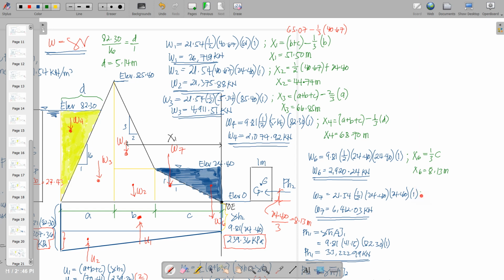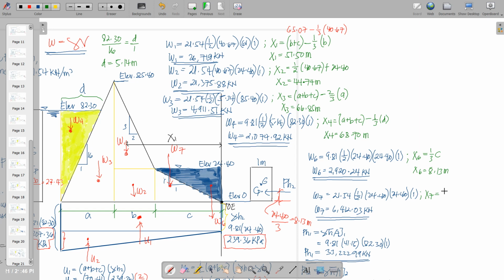So for W7 or X7, we have this portion. This is actually part of the dam.